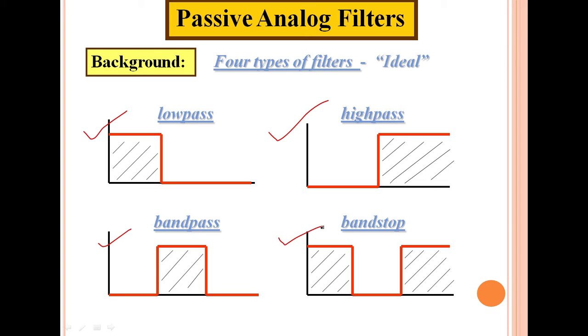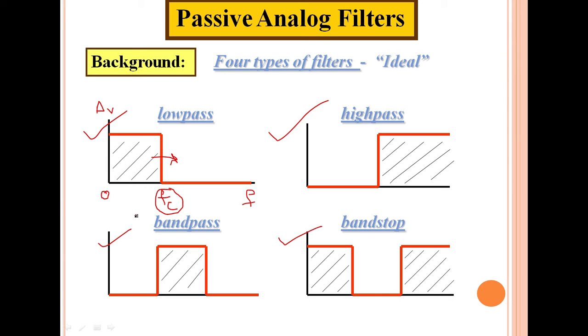In the case of the low pass filter, we consider the FC, which is nothing but the cutoff frequency. At the cutoff frequency the transition happens. For the low pass filter, from 0 to FC the signal is allowed to pass, but above the cutoff frequency there is a transition, plotted as frequency with respect to gain or amplitude.